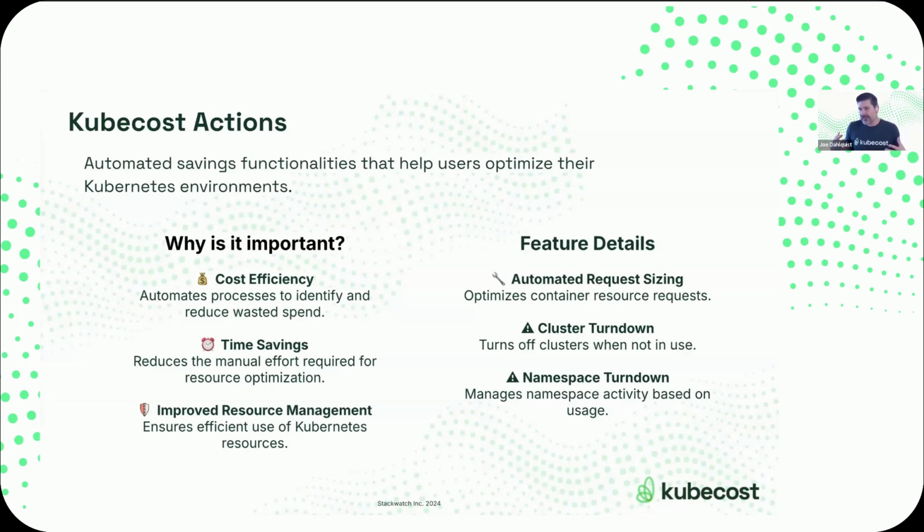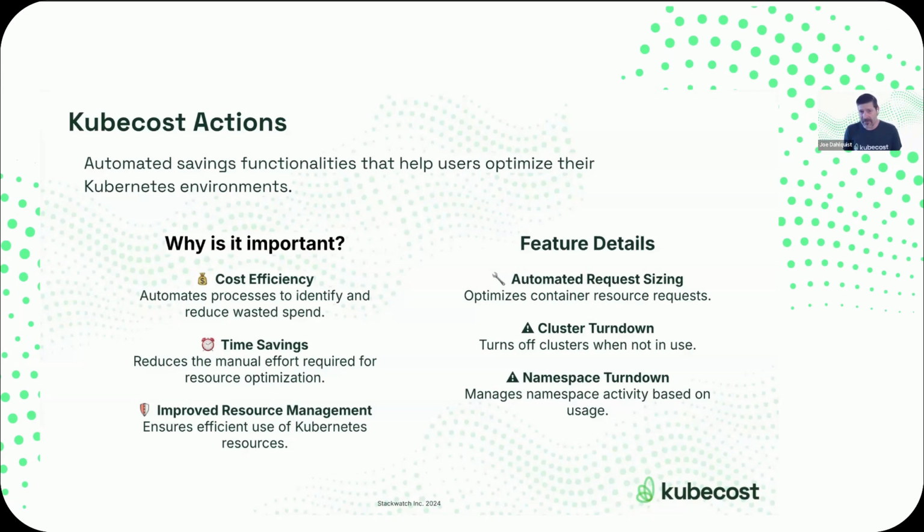So it's not this lag effect of discovering that something needs to be right-sized, talking about it with the team to understand if right-sizing it is the right thing to do, and then actually going and performing those changes and configuration updates.